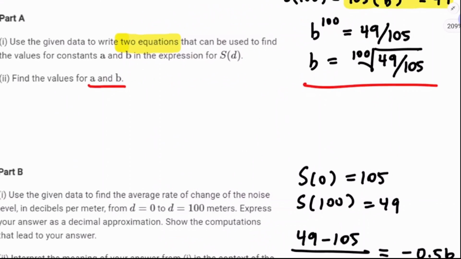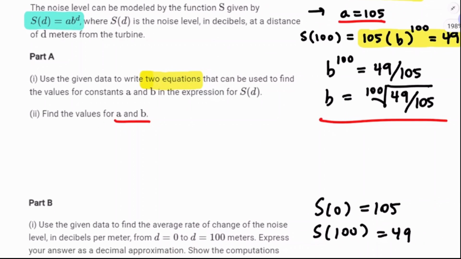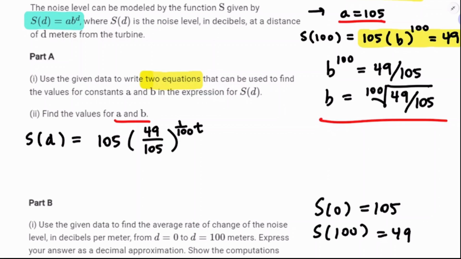So we want to solve the equation S equals 20. So we found that S was equal to 105 times 49 over 105 to the 1 over 100th to the t, and then multiply those exponents. I think that'll be a good way for me to go.